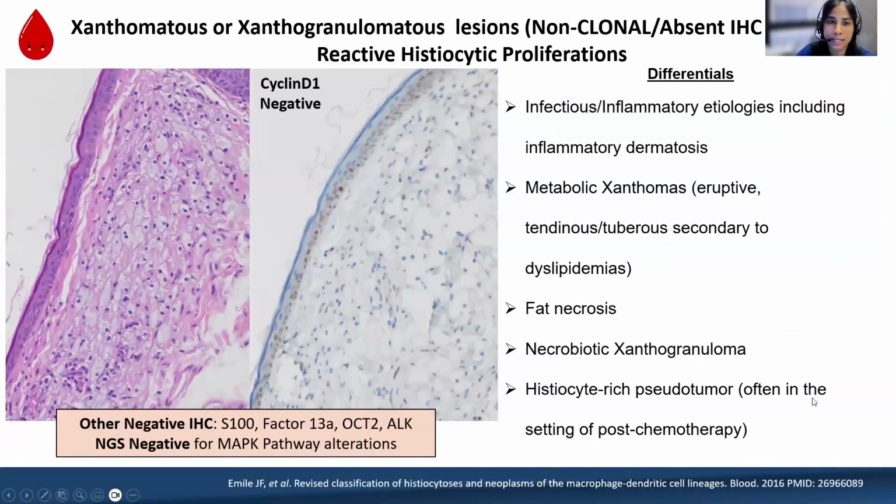So final slide, as a take-home message, not all histiocytes are histiocytic neoplasms. You can see the xanthomatous histiocytes or xanthogranulomatous histiocytic proliferations on histopathology in a variety of reactive causes, including the most common being infection and inflammatory etiologies. In skin, the most common being a spectrum of inflammatory dermatoses.